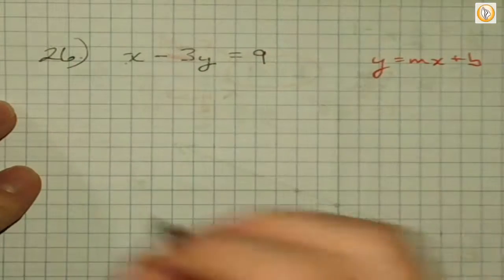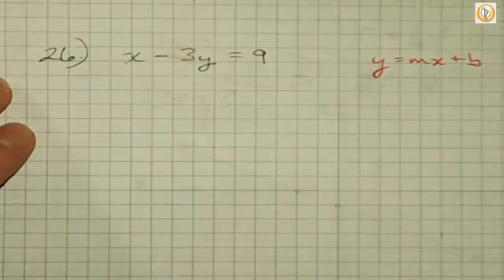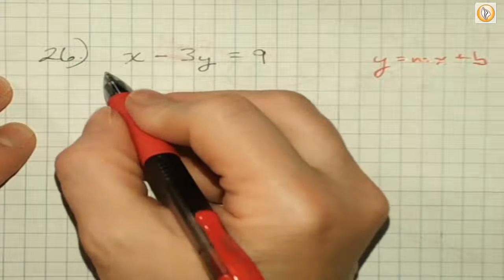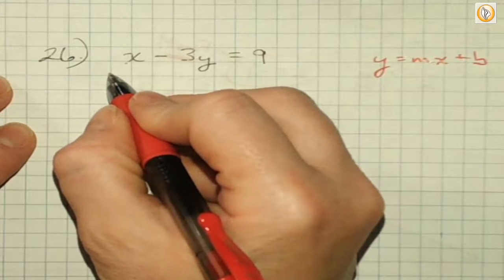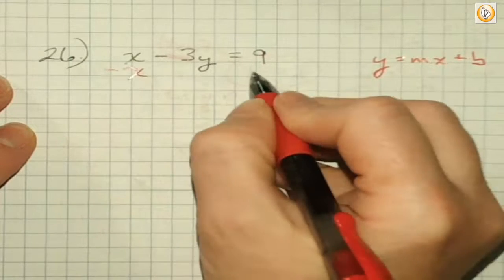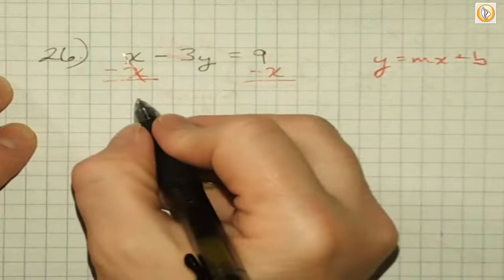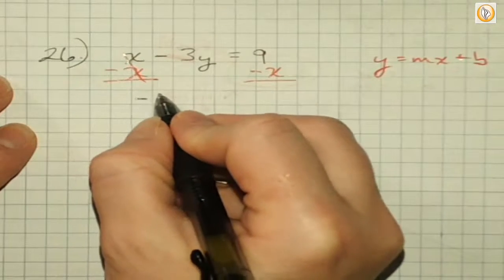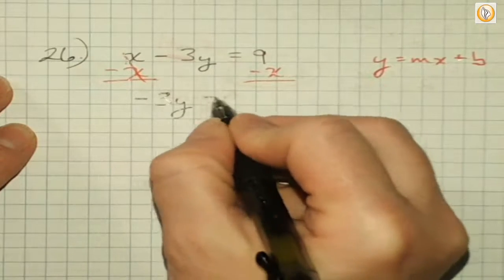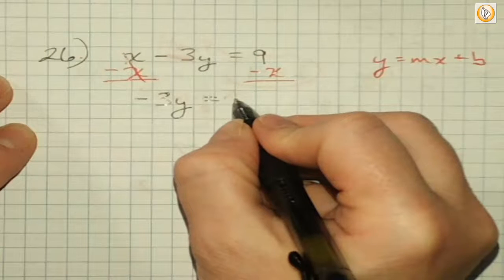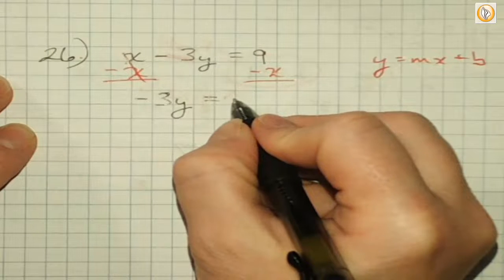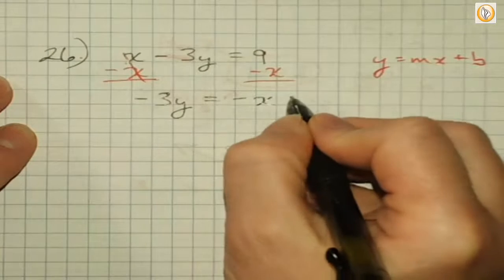How do I get it into y equals mx plus b format? So you subtract 1x, whatever you want to put, from both sides, which would get you 0, but negative 3y equals negative x plus 9.